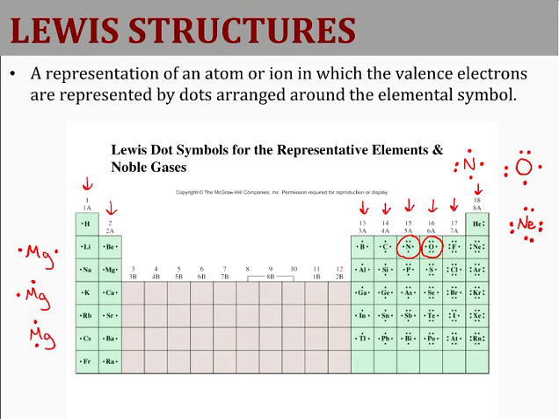Now you will notice helium is our exception. Helium only has 2 electrons, but they are drawn as a pair because helium is stable and its electrons don't really want to interact with any other atoms.